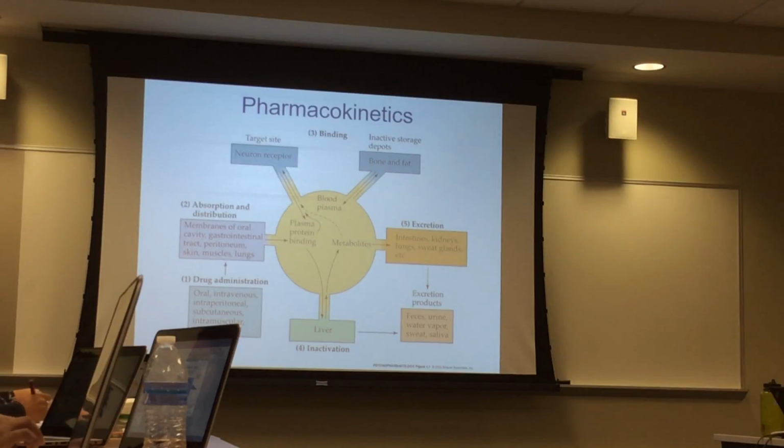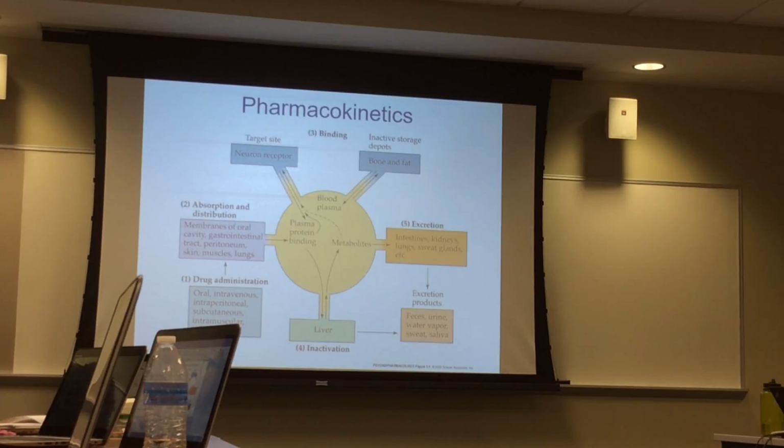They get absorbed across membranes, be that the membranes of the oral cavity, GI tract, the peritoneum, the skin if you give the drug through transdermal patches, muscles if you give the drug by intramuscular injection, or the lungs if you give inhalation, as with most of the anti-asthmatic drugs.